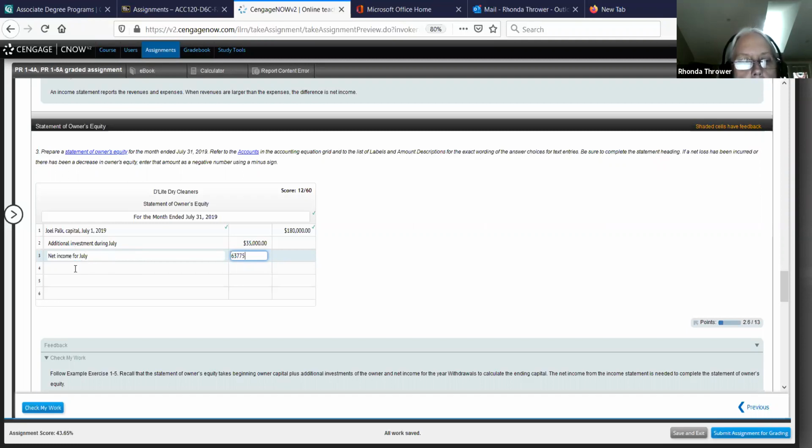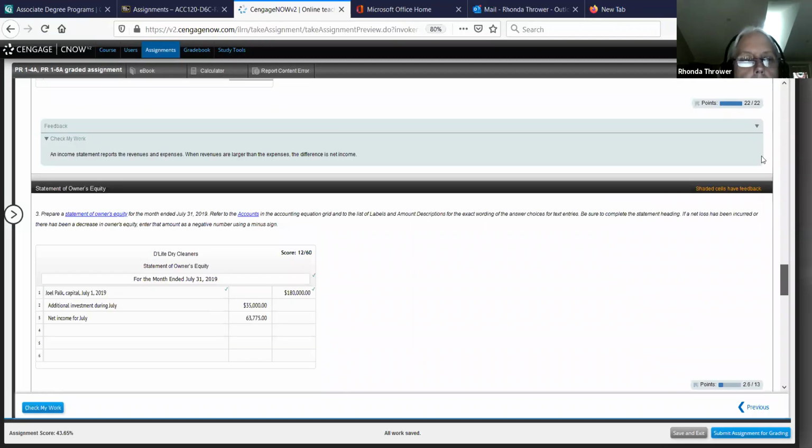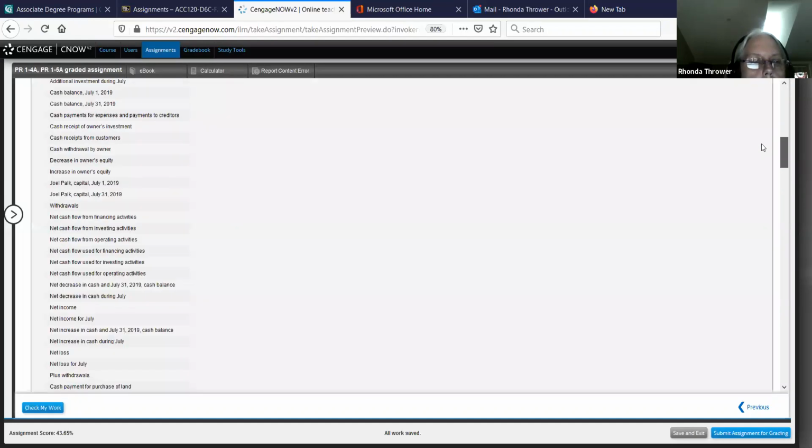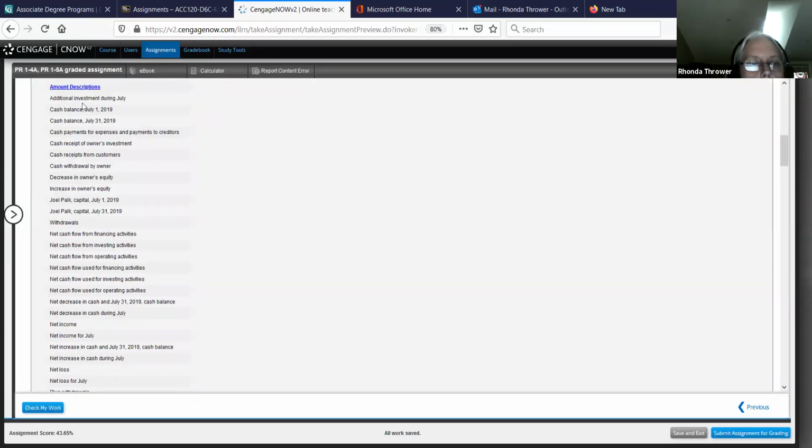The next thing that we know that affects owner's equity is the owner's withdrawal. So again, we're going to look at our amount descriptions. And we're going to look for something that says something like withdrawals. That looks good.